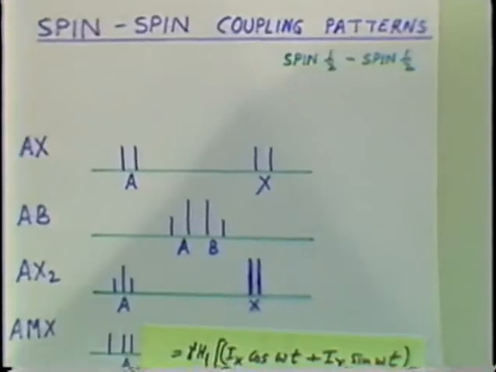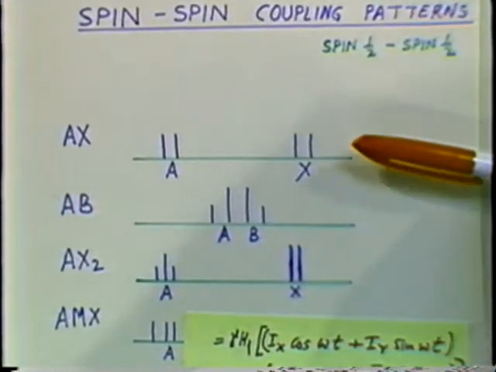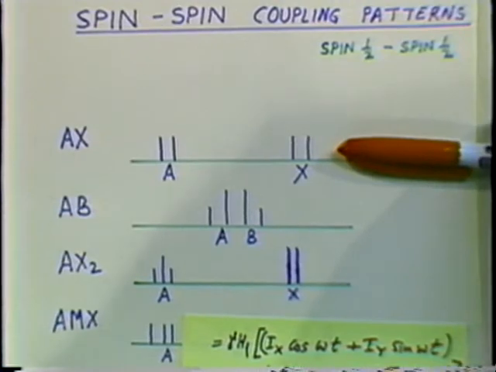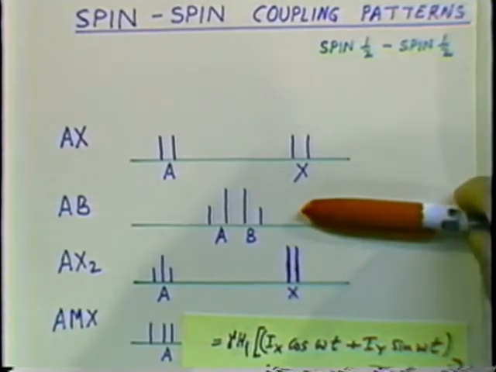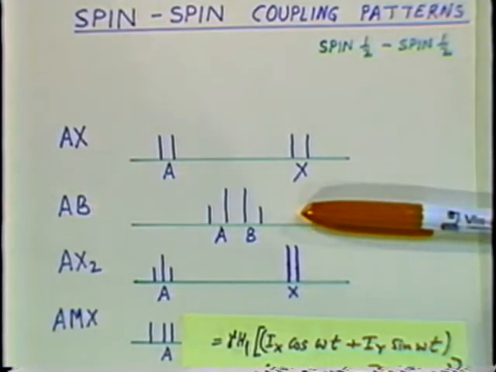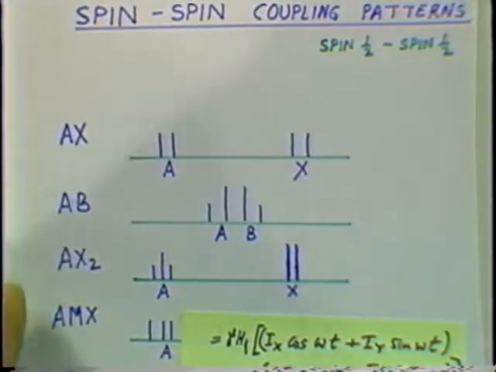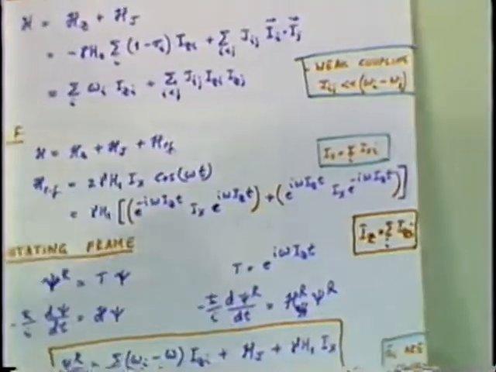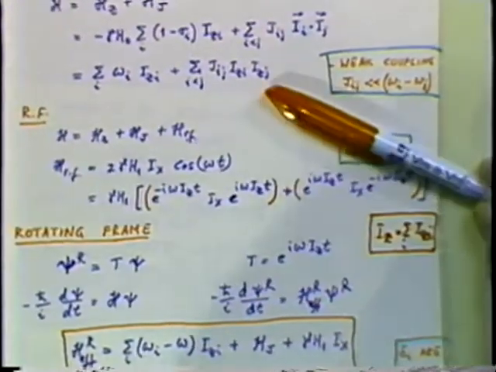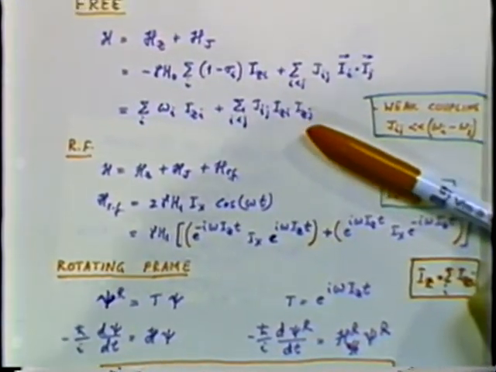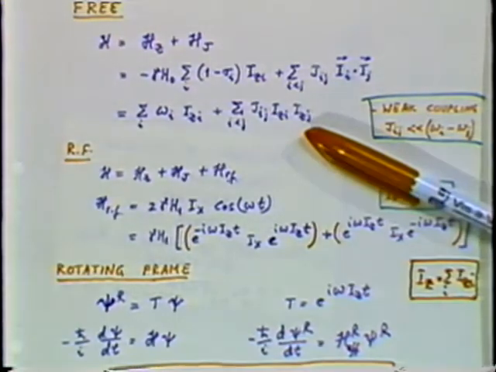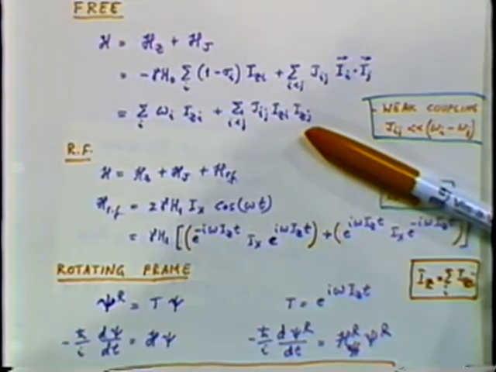As I showed you, the spectrum of a weakly coupled spin system looks something like this, while a not weakly coupled spin system, where the X and Y terms are important, looks something like this. And so often we will use the weak coupling Hamiltonian. So basically we have the chemical shift and J coupling.